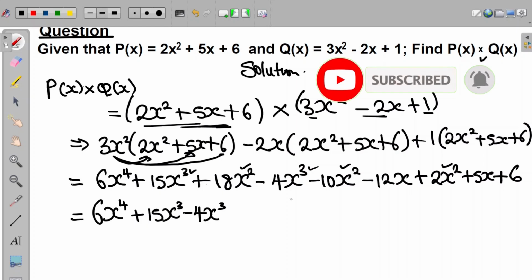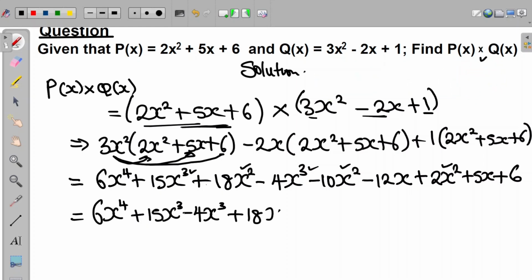So this becomes plus 18x squared minus 10x squared plus 2x squared. Again, we have negative 12x at this point, and here we have plus 5x.